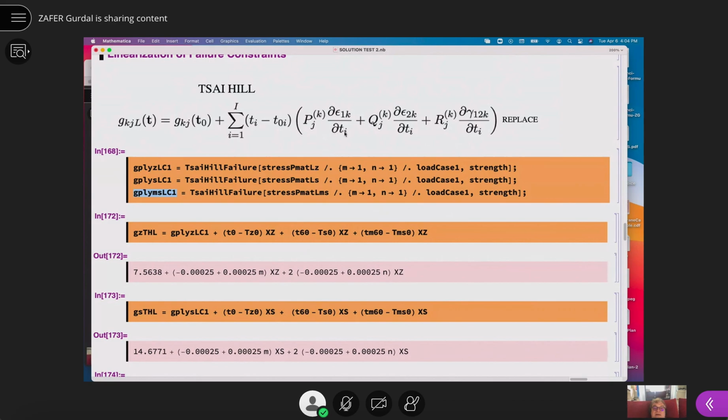Note that this Ti, thickness of 0, I when I equals 1, thickness of 60 when I is equal to 2. Thickness of, this is derivative with respect to thickness. So each one of these, now I wrote xz, xz, xz, but you're going to see actually these will also change.